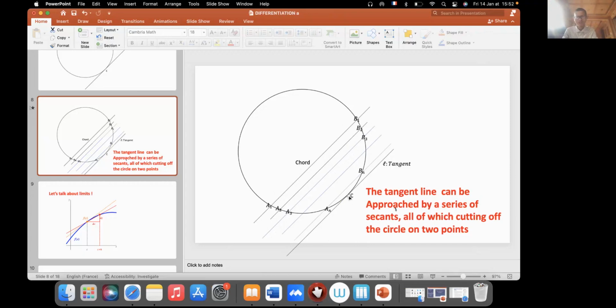So from this experiment, Newton extracted two things. The first thing is the tangent line can be studied through secant lines. The second thing is limit. We can use limit to study the tangent line, to calculate the gradient of the tangent line, right?